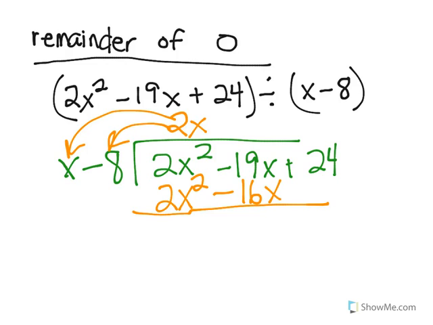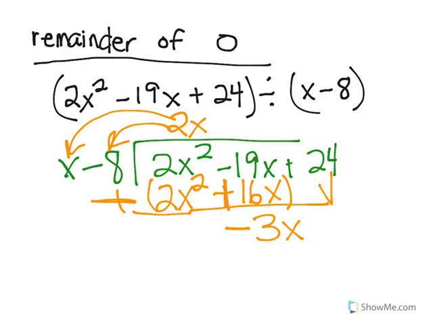So now we've written that underneath the dividend, and we will subtract the entire polynomial here. 2x squared minus 2x squared is 0. Minus 19x minus a minus, that's like a plus, okay? So if we add the opposites, negative 19x plus 16x leaves me with a negative 3x.